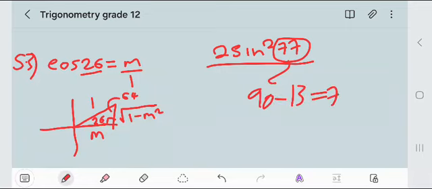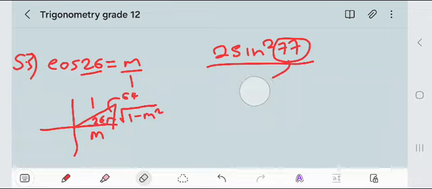I had no choice but to do this. It's a good try, because I just tried to divide 26 by 2, and I got the half, which is 13.